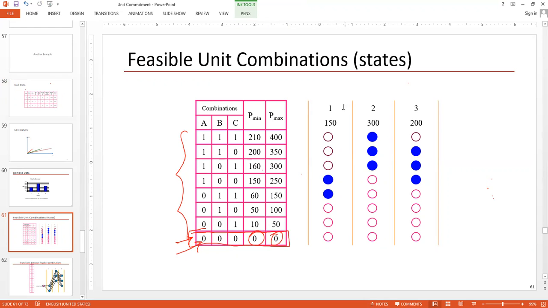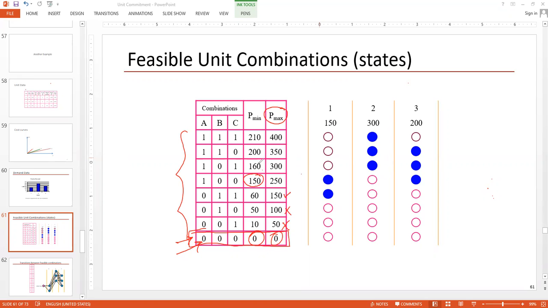Once we complete the table, now let's see 150. Which of the states can satisfy this demand? If we see, this one cannot satisfy, this one cannot satisfy, this one can satisfy because we can pick the maximum out of it, and this one also satisfies because of the minimum that we can pick.